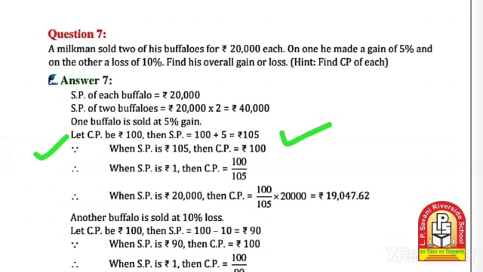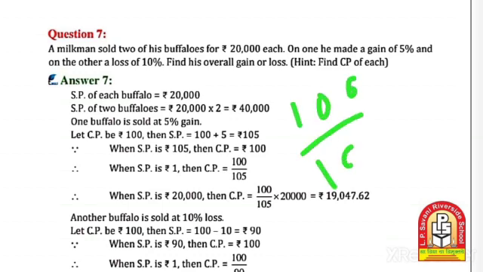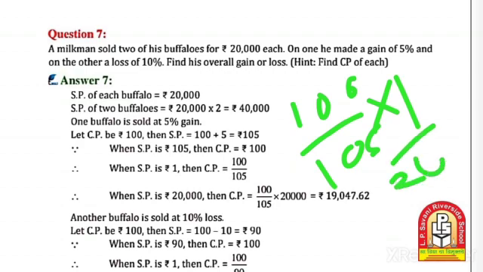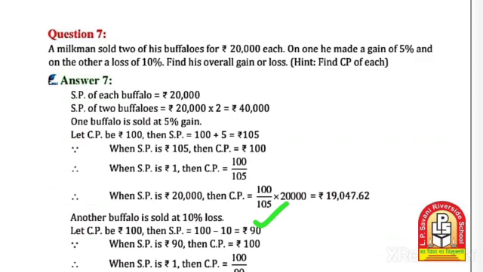When the SP is 105, then CP is 100. Then when the SP is rupees 1, the CP is 1 multiplied by 100 divided by 105. So when SP is 20,000, the CP is 100 divided by 105 multiplied by 20,000, that is 19,047.62.